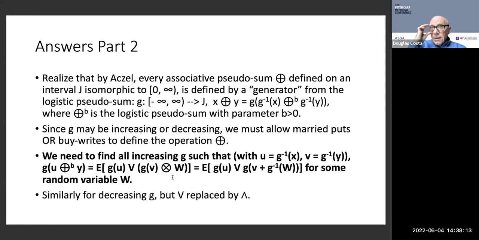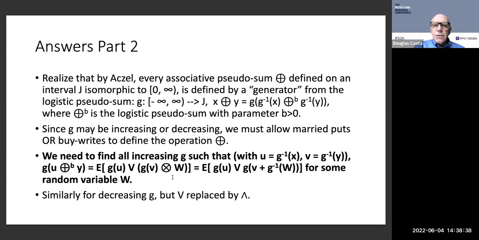Now, for something a little bit more subtle, we can invoke Aczel, and we can realize that since all these associative operations are defined by generators, it doesn't matter which associative operation we use as the base case.